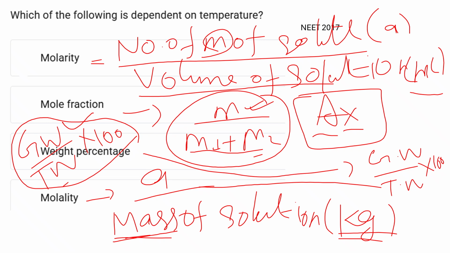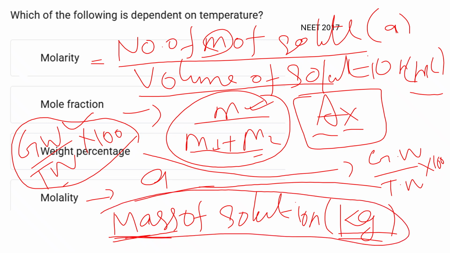If I change the temperature, for example, I have a stone. When I heat it, there is no change in the weight of the stone. Even if the stone is molten, the weight is the same.